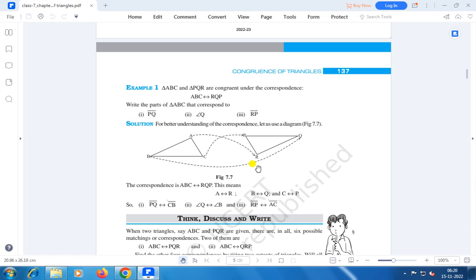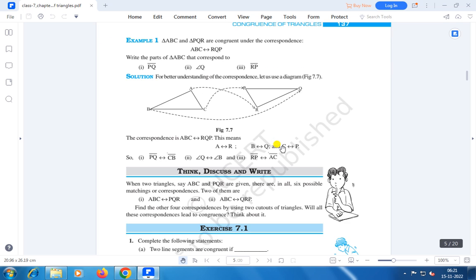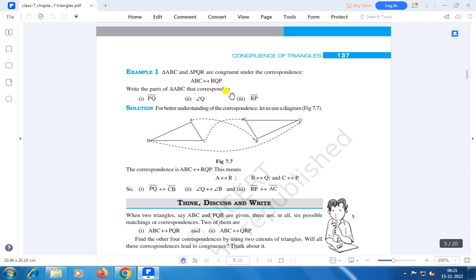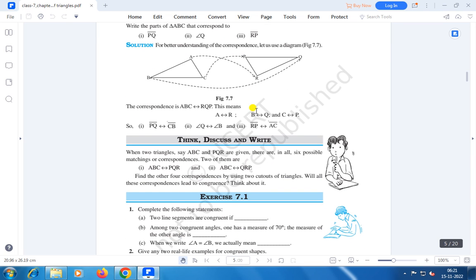And Q corresponds to B. RP corresponds to AC, right? In this way, you can do. The corresponding sides, corresponding angles, and corresponding vertices are equal to one another. Then you can say that the two triangles are congruent to one another, right?